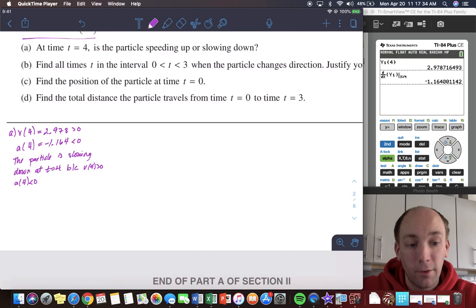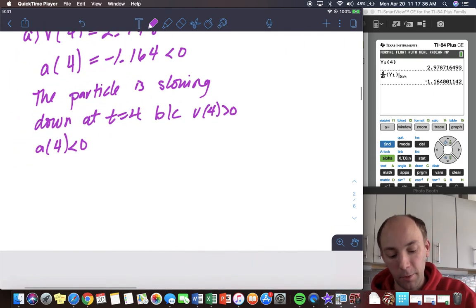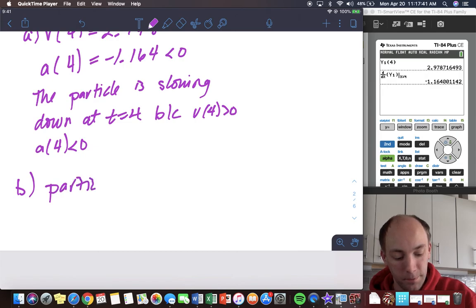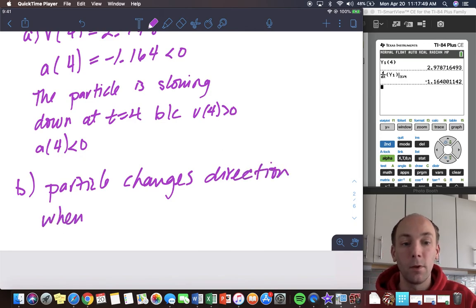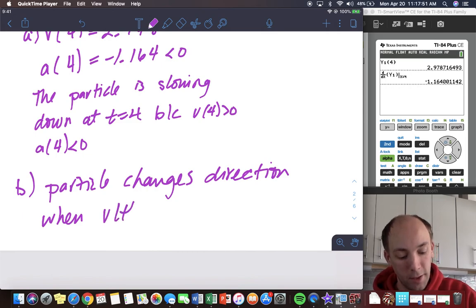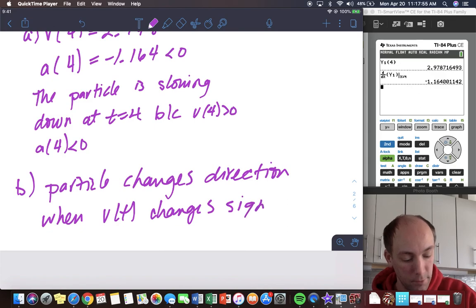Justify your answer. All right, so for part B, the particle changes direction when the velocity changes sign. Okay?